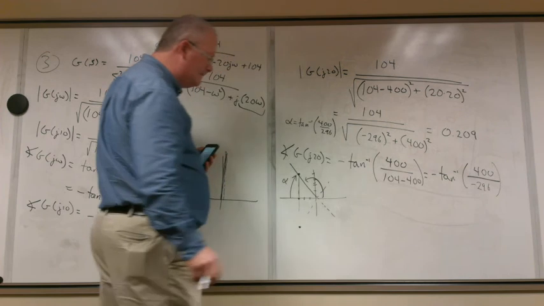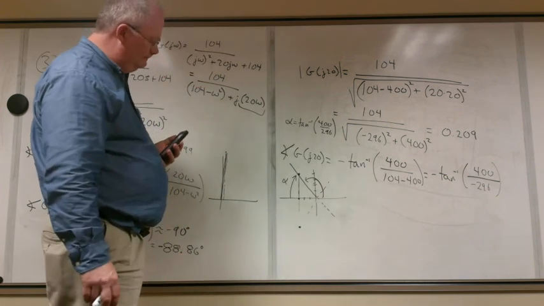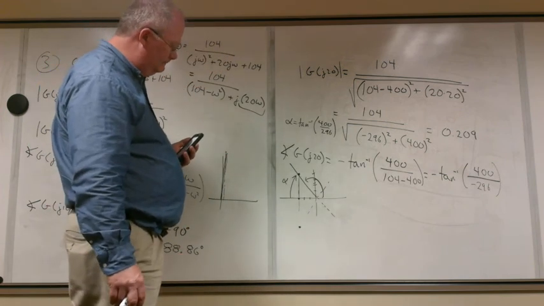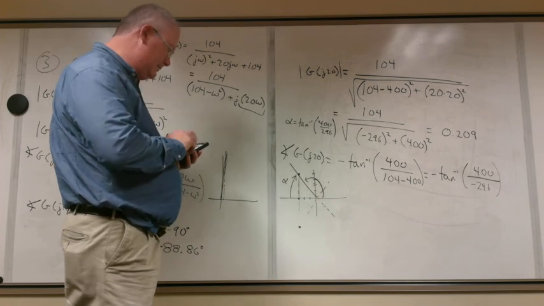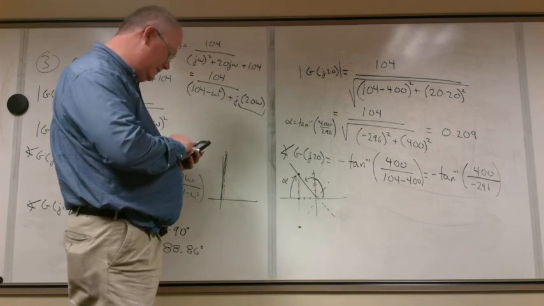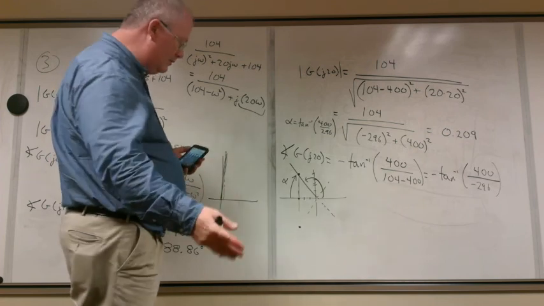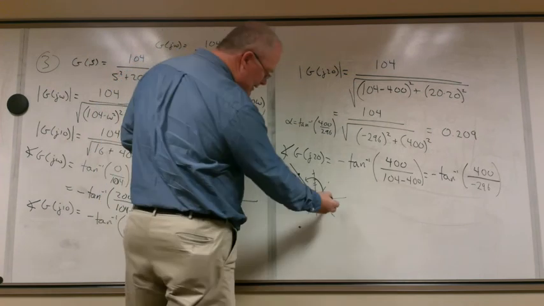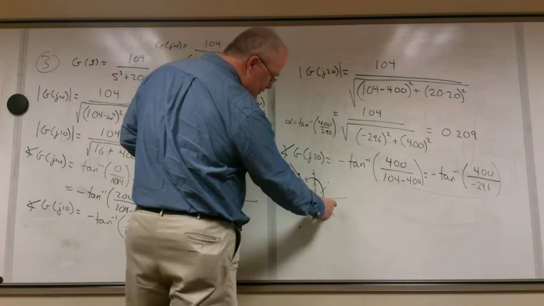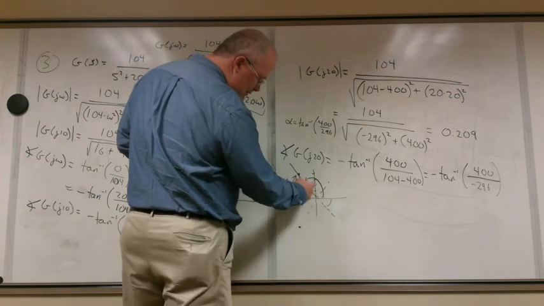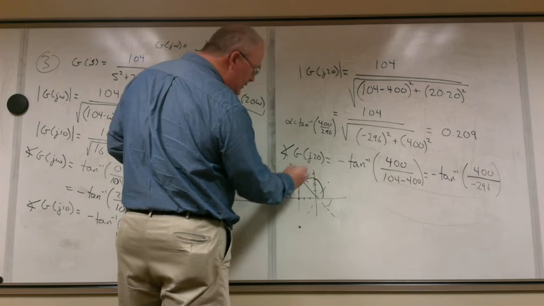I enter 400, 296, divided by, inverse tangent, and get 53.5 degrees, which is no surprise because it's alternate interior angles, right? We know this is negative 53, so this should be positive. This magnitude should be the same thing.